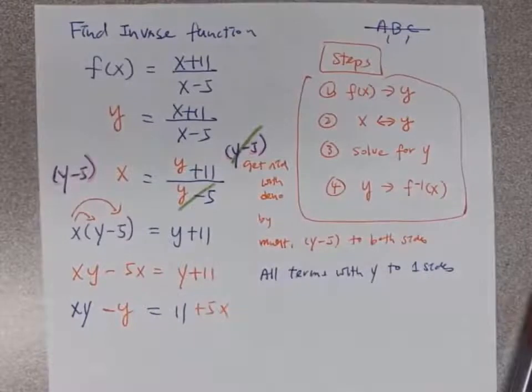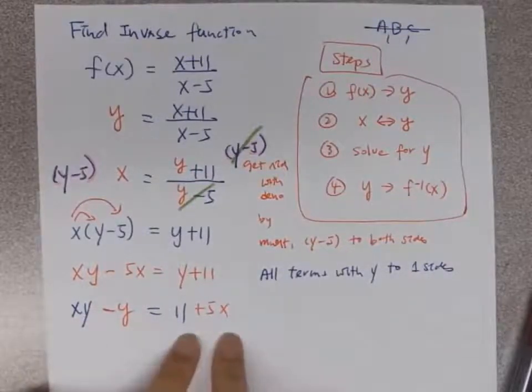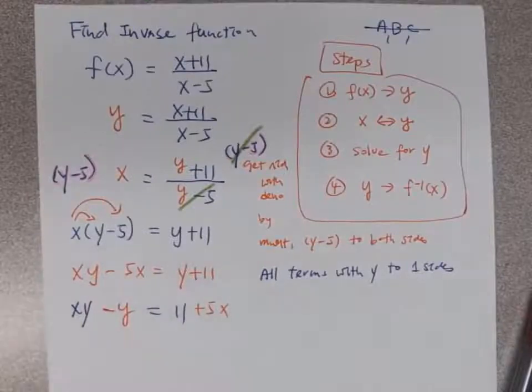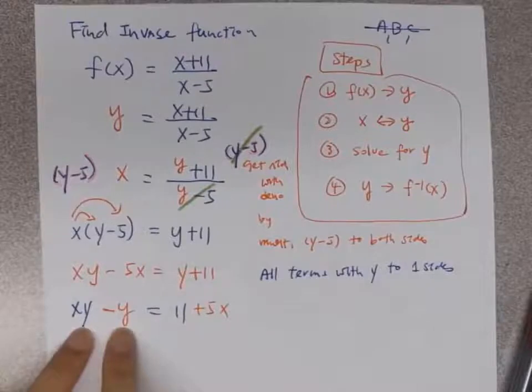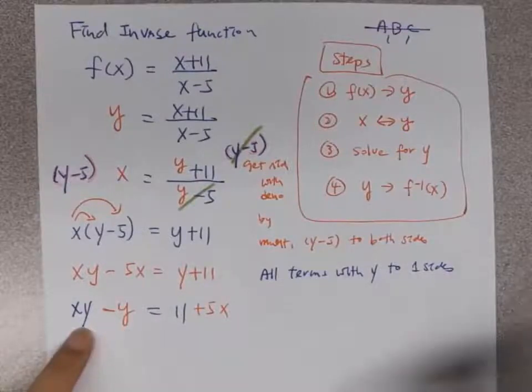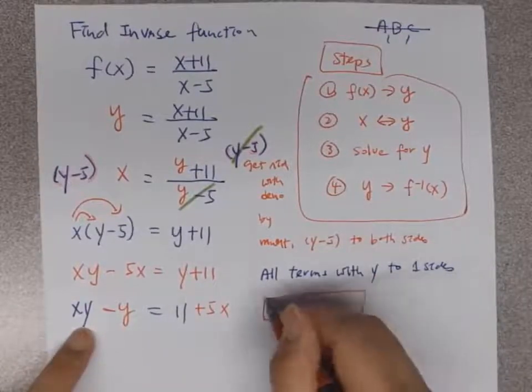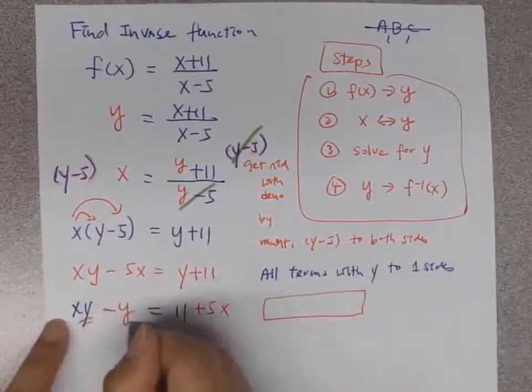I'm just moving things around. All the y terms need to go here, all the terms without y go to the other side. So I'm still solving for y. So how do I get these together? Both of them have y, so we can do what?